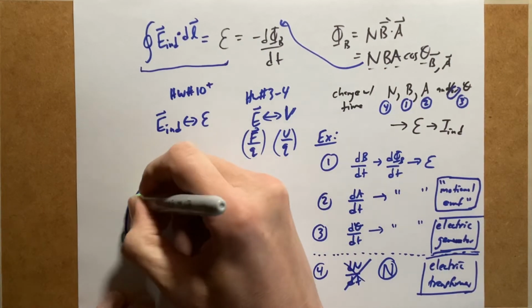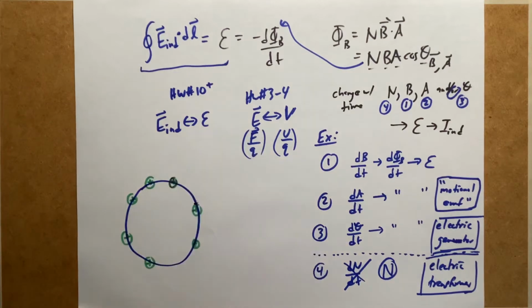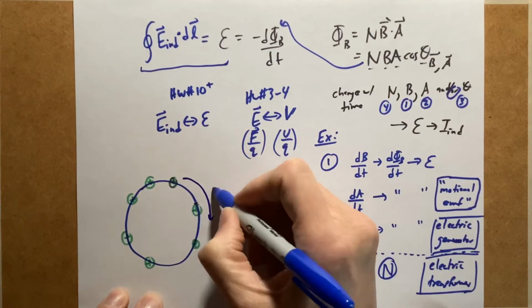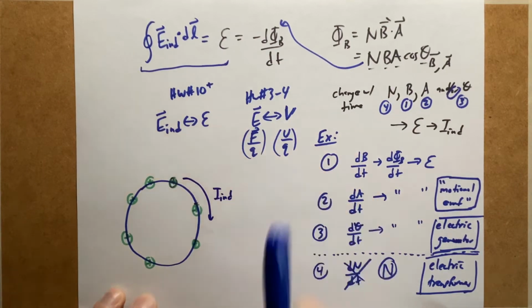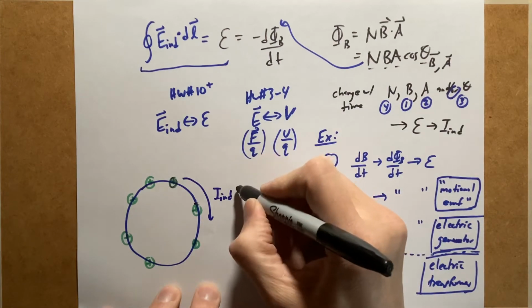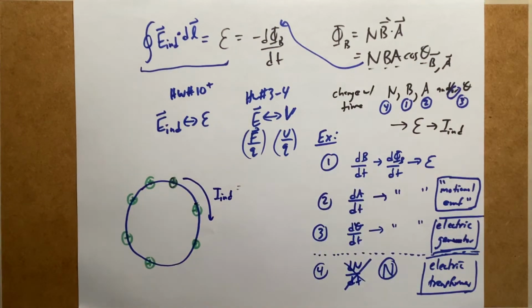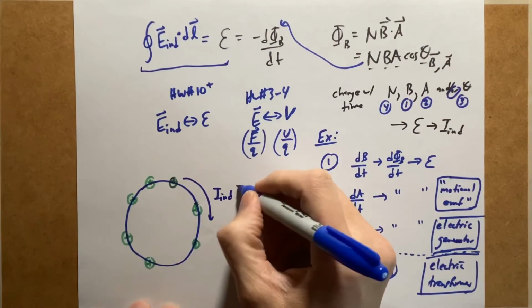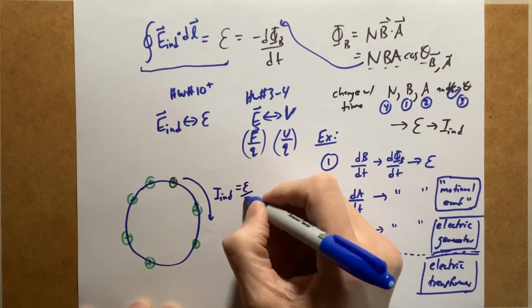These are all pluses if you can't see it very well. And they suddenly pick themselves up from rest and start flowing in a current. We can get the direction of that current with Lenz's law. So let's say they all start flowing like that. And of course, the current that you would get, you would get from Ohm's law. That would be the induced EMF over R.